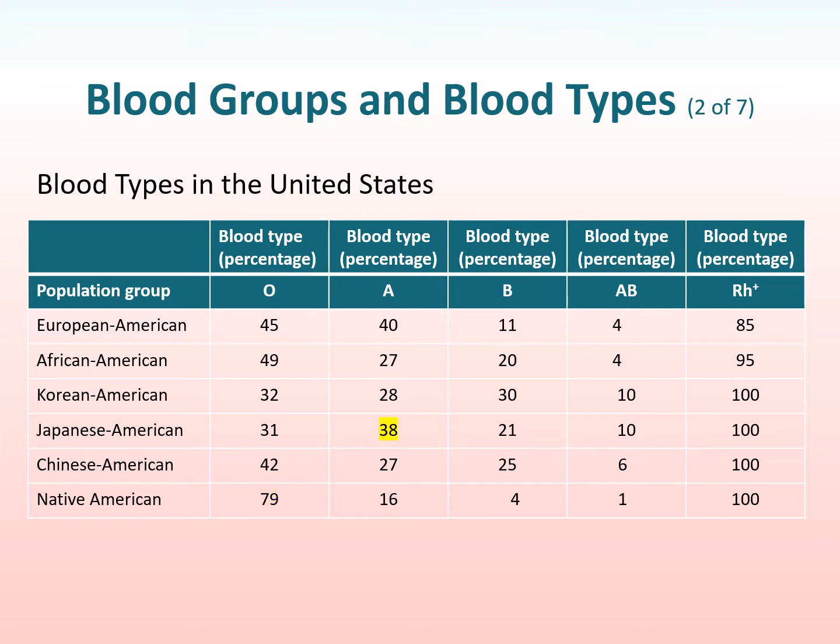The Japanese Americans, their blood type A is more common than blood type O. Usually blood type O is more common, but in Japanese people, blood type A is more common than blood type O. You'll notice that other than African Americans, and especially European Americans, just about everybody else is Rh positive.